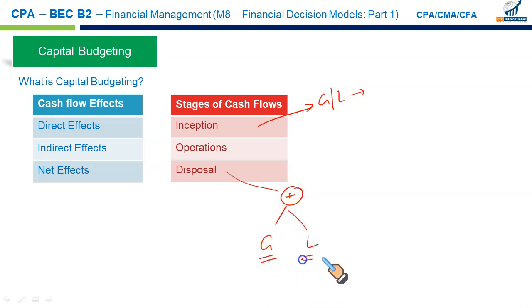So we need to consider the gain and loss on an after-tax basis as well. And of course, the working capital that you invested at the inception will be recovered at the end of the project. So remember, you have to take care of all the cash flows at the inception stage, the regular cash flows at the end of every year, and finally the terminal cash flows, the cash flows at the end of the project.